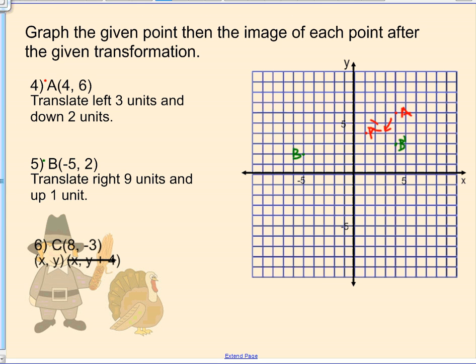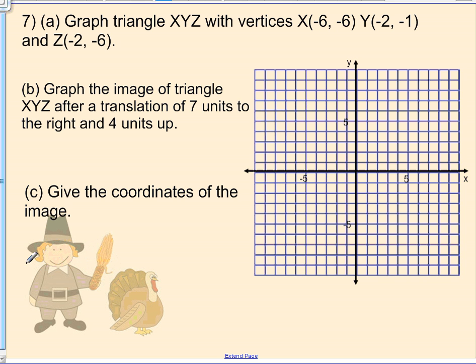All right. Now to get into something a little bit more difficult, we're going to graph a triangle XYZ with the vertices X -6, -6, Y -2, -1, and Z -2, -6. All right, so I'm going to take this and I'm going to graph this.